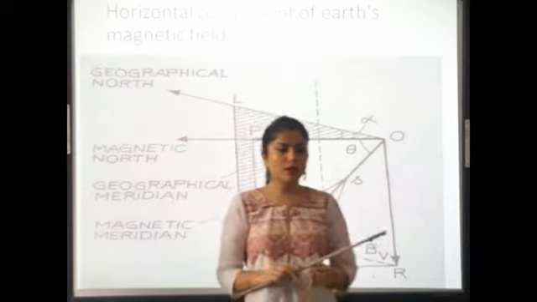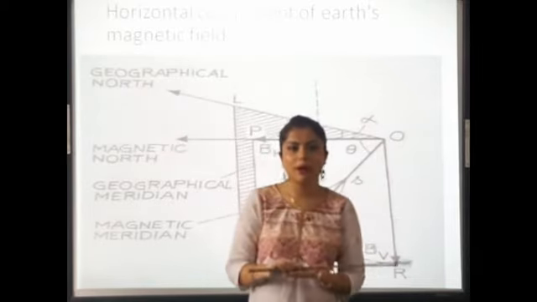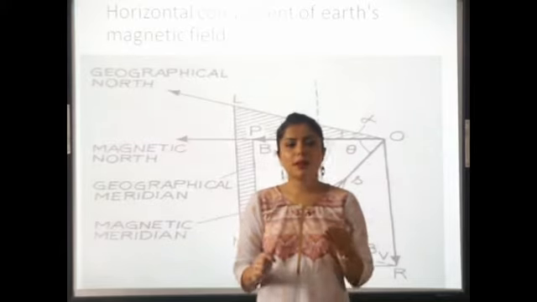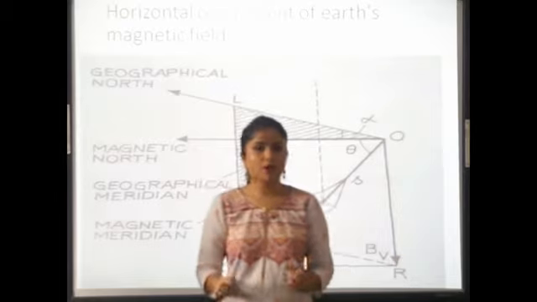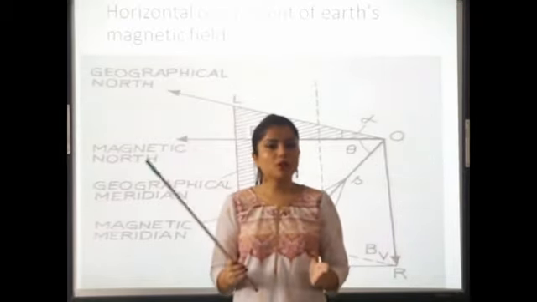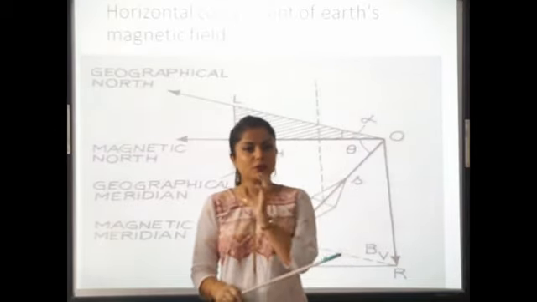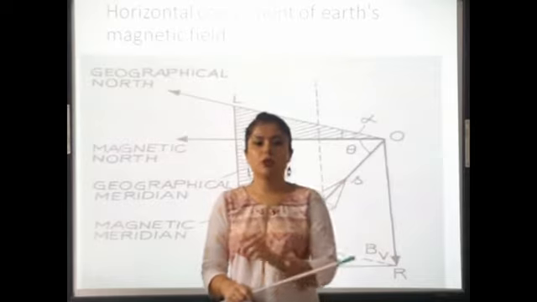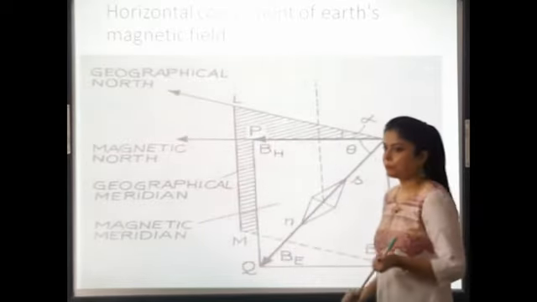Magnetic field line is a vector quantity, so if it is not horizontal, not vertical, we resolve that into two components, one vertical, one horizontal. That horizontal component of Earth's magnetic field is denoted by BH.